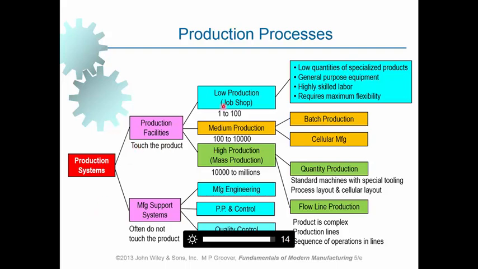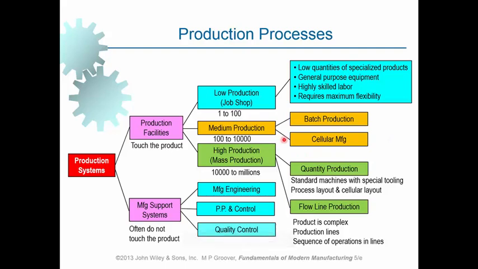Production facilities, according to the quantity of the production, can be subdivided into low production or job shop, medium production, and high production. With medium production, we can further divide it into batch production and cellular manufacturing. And cellular manufacturing will be discussed in Advanced Materials and Manufacturing, not in this unit.